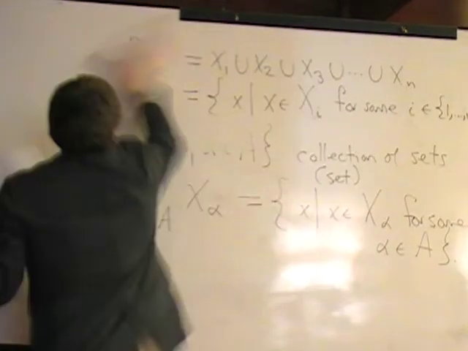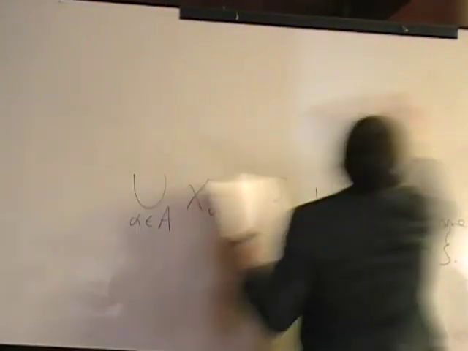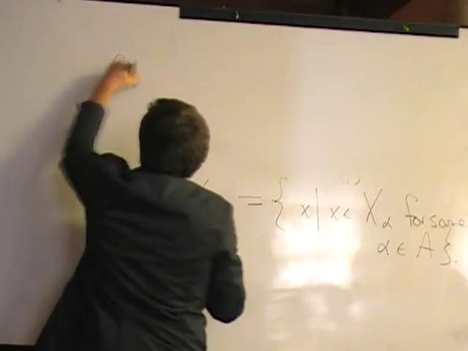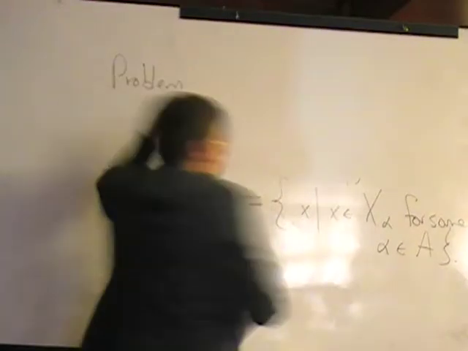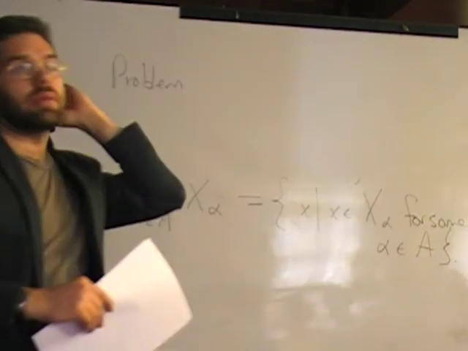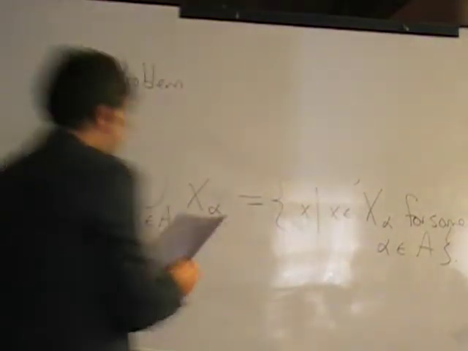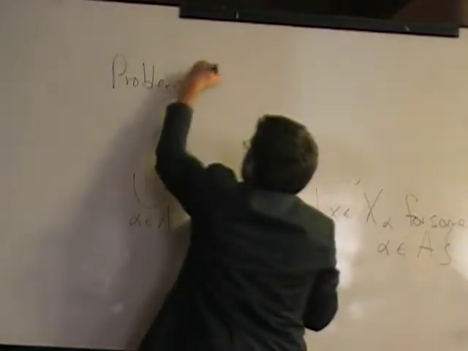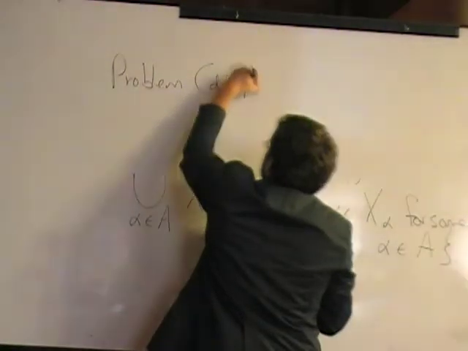In fact, I'll show you why it's important for us right now by giving you the following problem. It's one of these problems that, well, a lot of problems in mathematics are like this. They sound complicated, but they're really simple. So this is a problem that's deceptively simple.